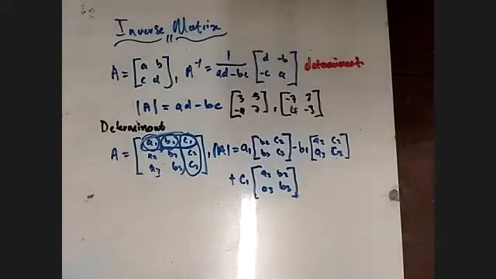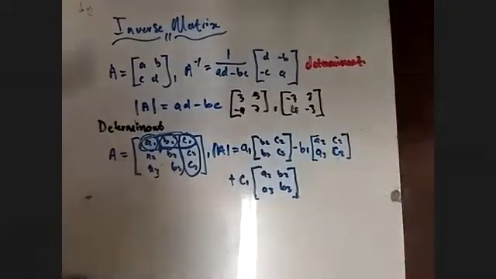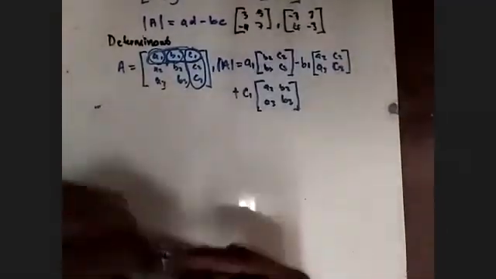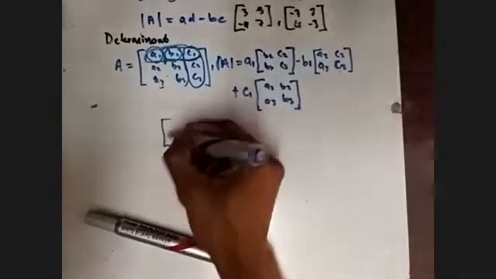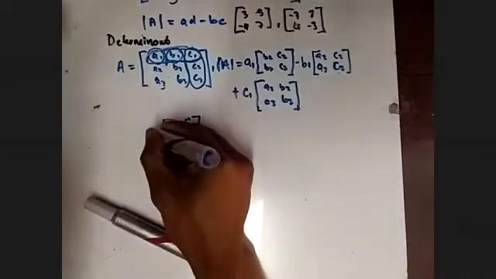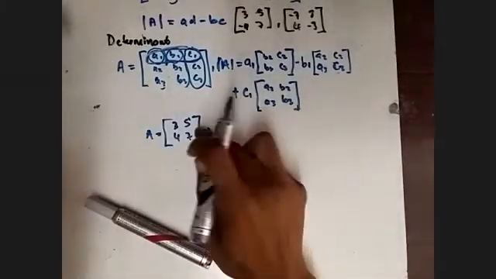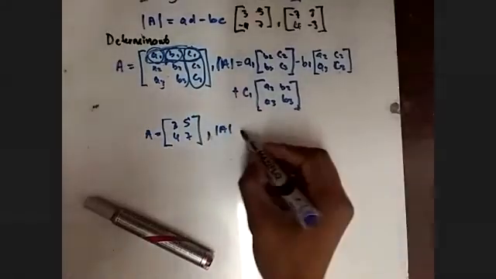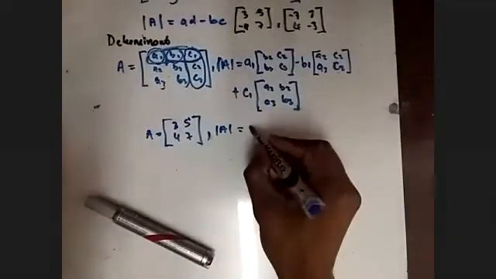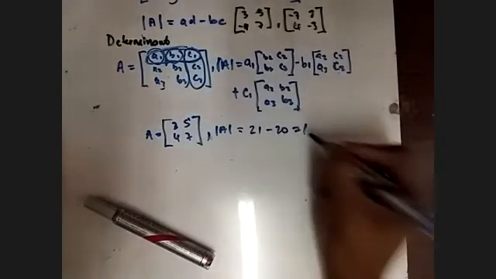Let me write it down here. This is A. Its determinant is given by 3 times 7, which is 21, minus 5 times 4, which is 20, which equals 1.